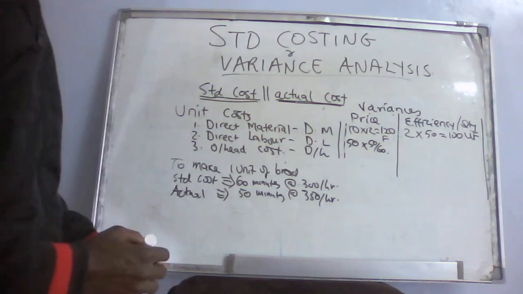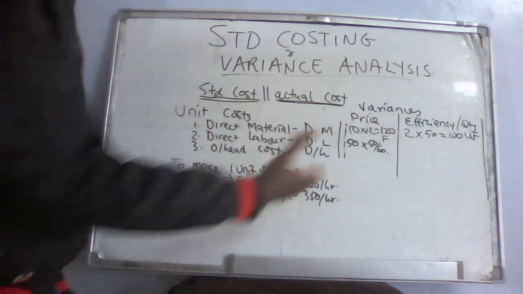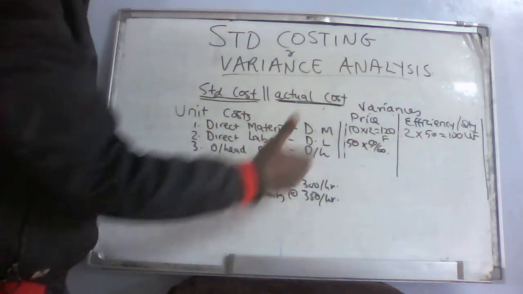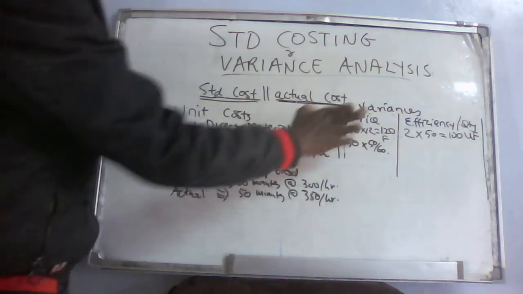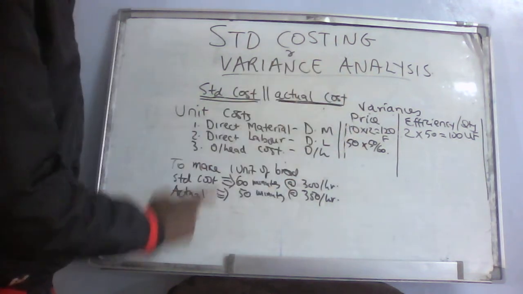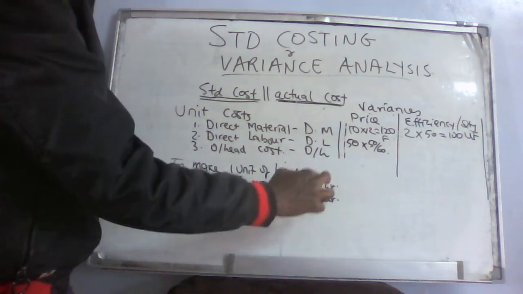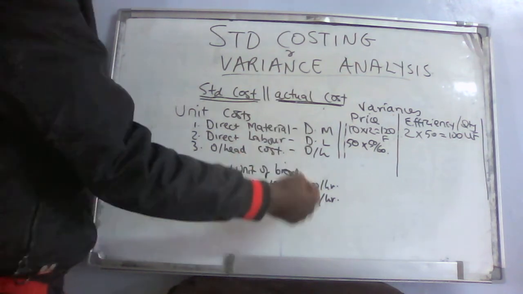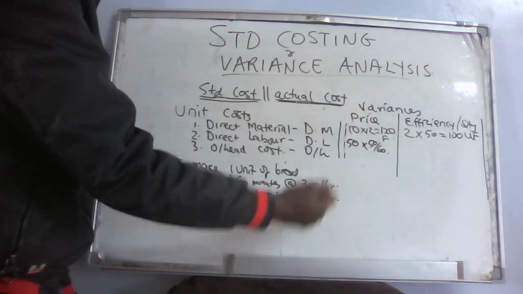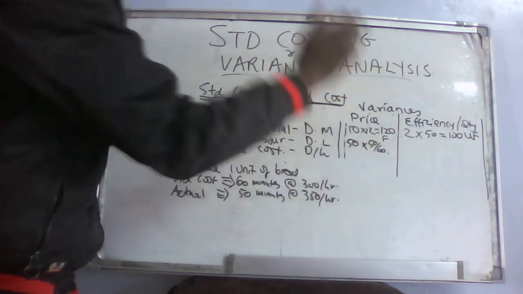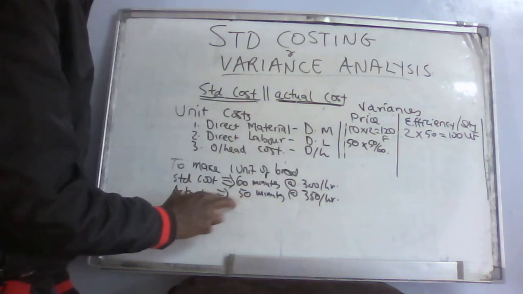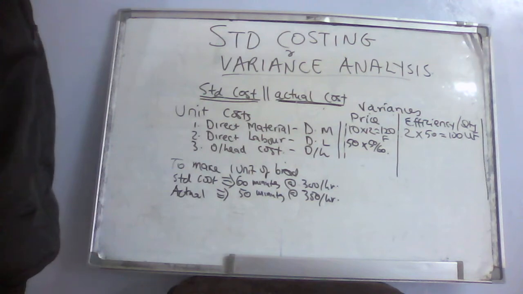It is the change in price per unit, the price of labor, 50, times the actual quantity of labor hours used.